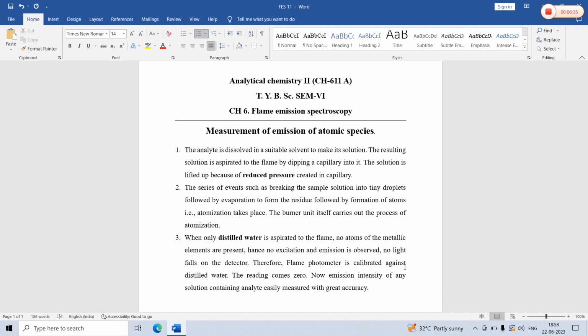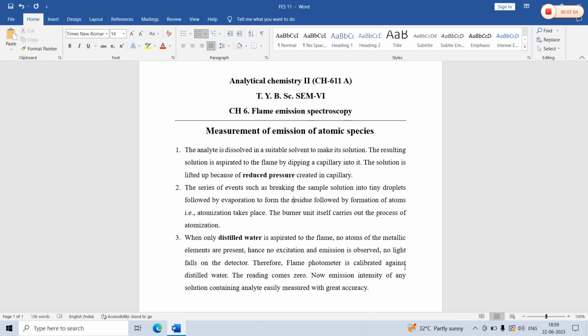It is used for calibration in flame photometry. The reading comes to 0. Whenever distilled water is introduced into the flame, the reading is 0, because no atoms are present, so there is no intensity, and therefore a zero reading is observed.